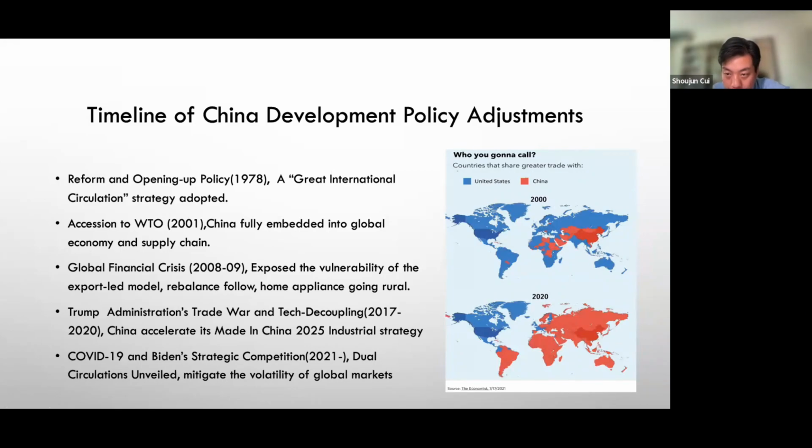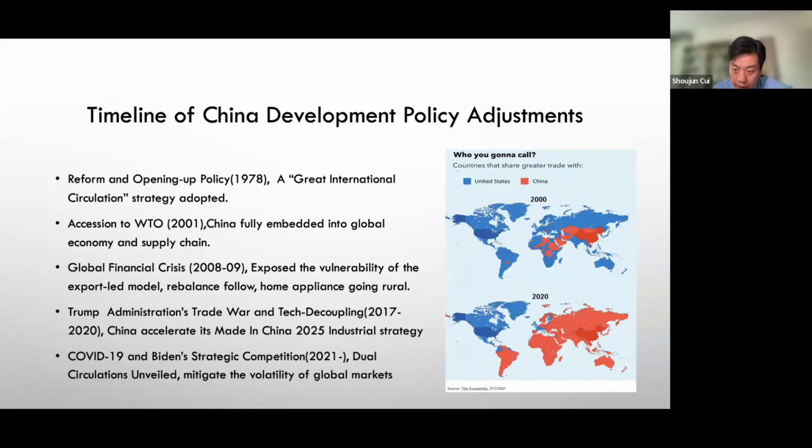You can see that in the year 2000, China is the largest trade partner to only a handful of countries in Asia and Africa. But by the year 2020, China has become the largest trading partner of more than 130 countries in the world. So this is a big step forward.